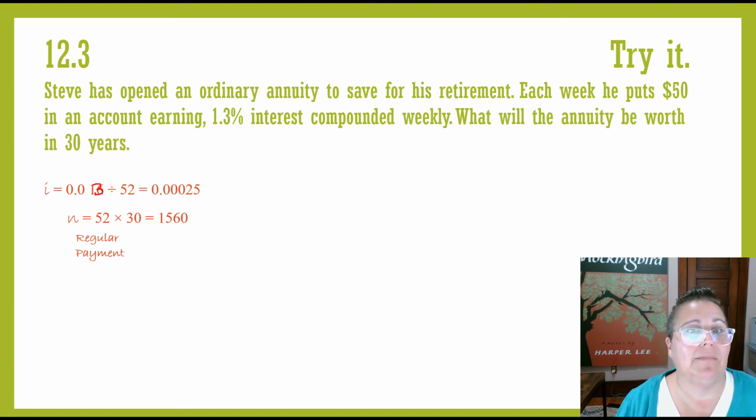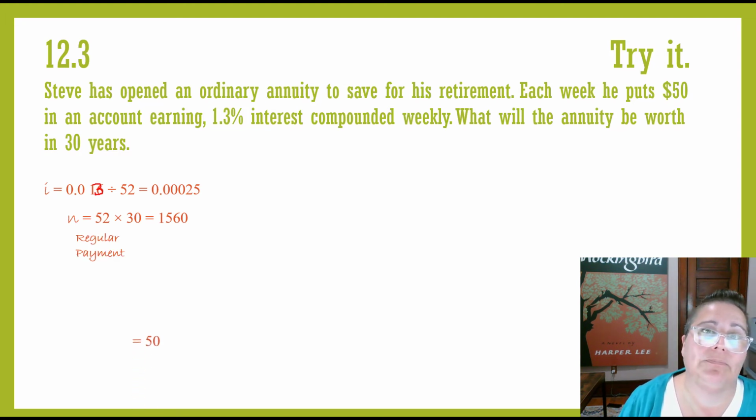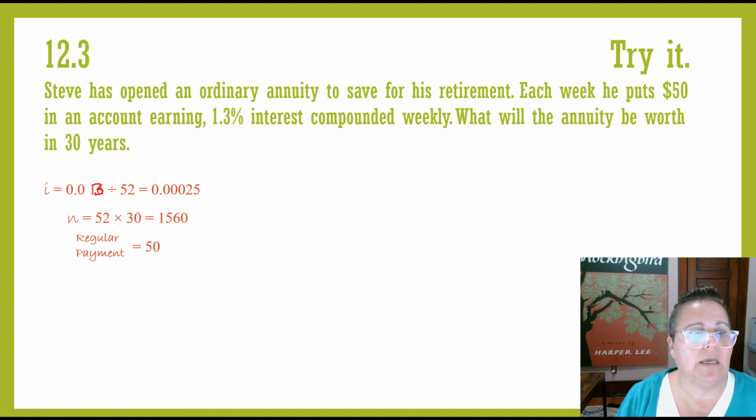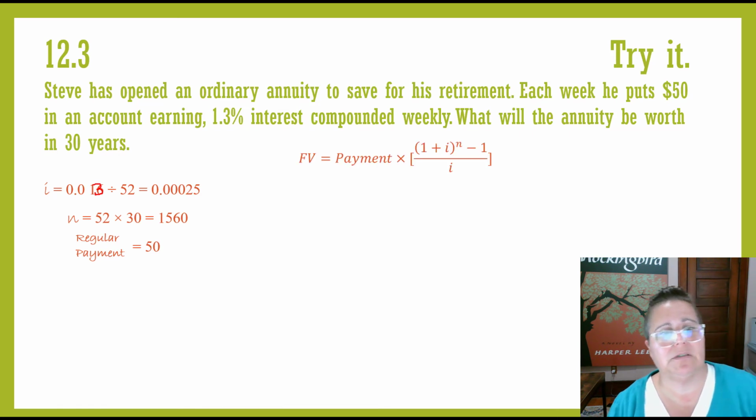The regular payment amount here is $50. It's just $50, starting out low because we've got 30 years to earn. We're using the formula because that interest amount is not a good number and 52 is not something that we want to do.